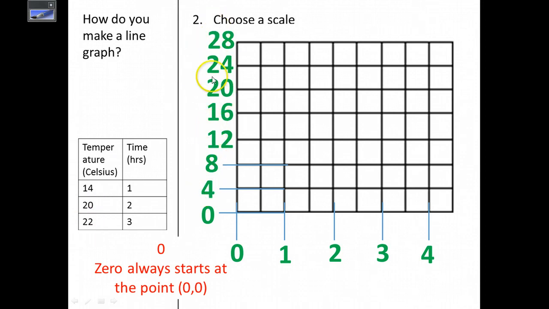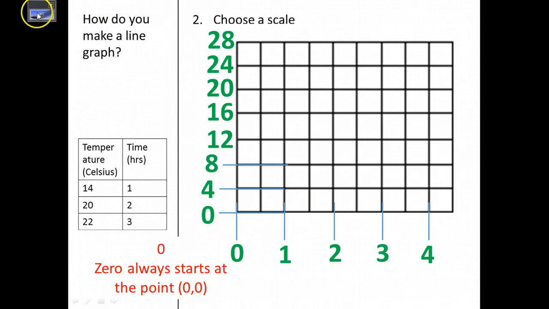We go every 4. So notice, on this axis, I am going 4 degrees Celsius every line. But on this one, I'm going half an hour every line, or 1 hour every 2 lines.